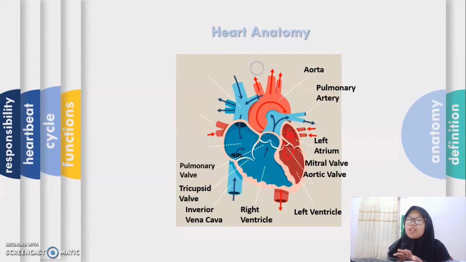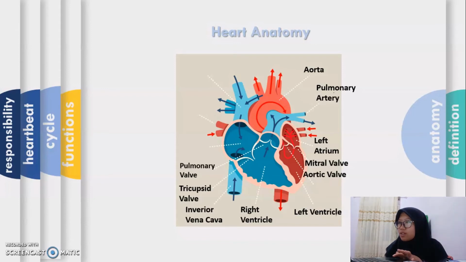Next is the pulmonary valve. It is one of the 4 valves, which stands at the opening from the right ventricle into the pulmonary artery trunk. The pulmonary valve moves blood towards the lungs and keeps it from sloshing back from the pulmonary artery into the heart.